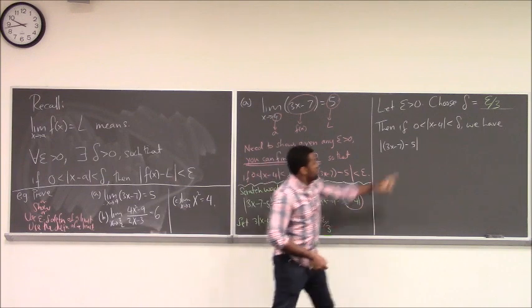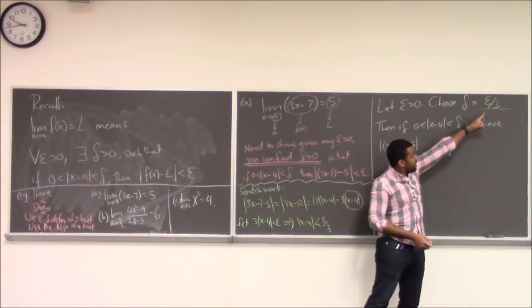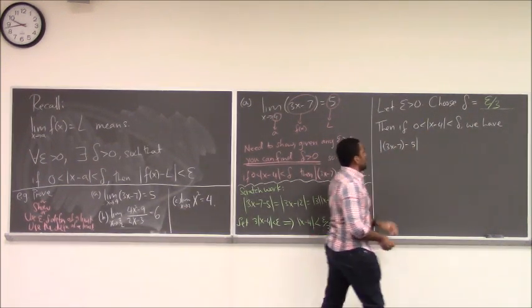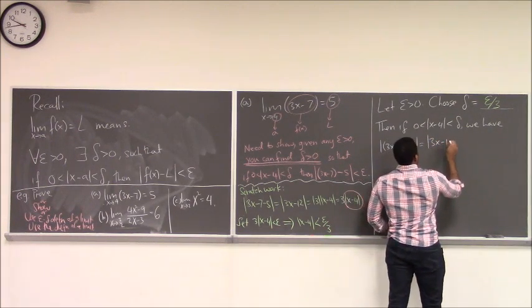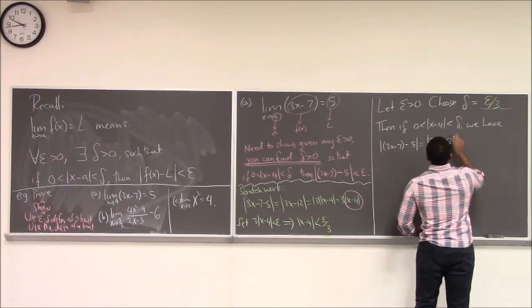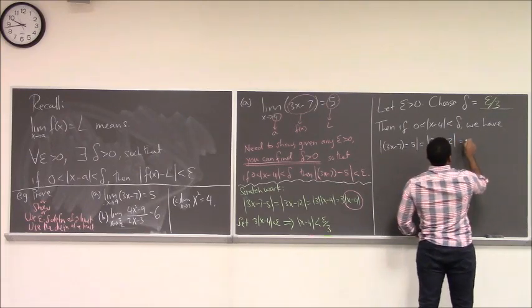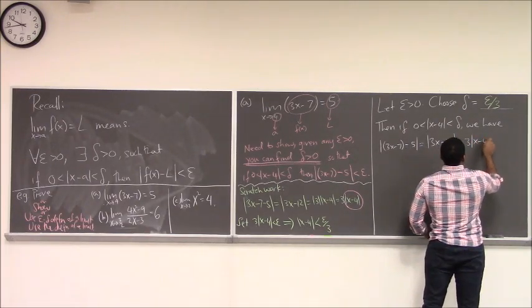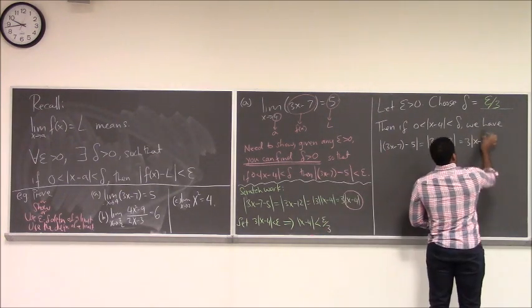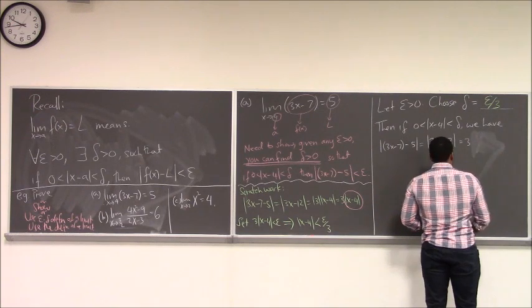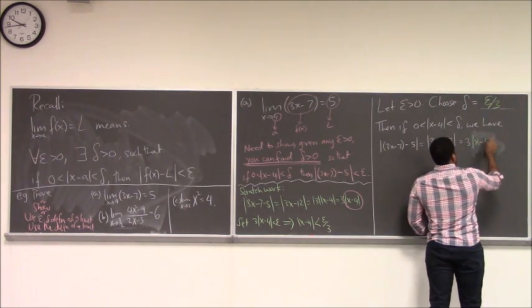Provided that this is less than that, we're going to have this equal 3x minus 12, and that's going to be equal to 3 times |x minus 4|. However, we know something about that x minus 4. That is here.